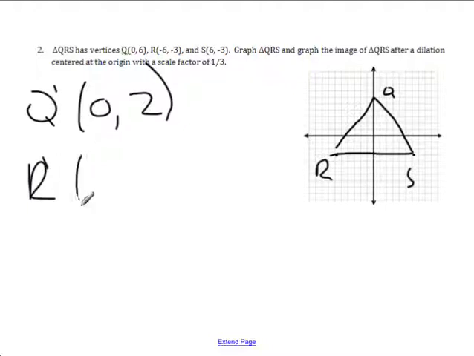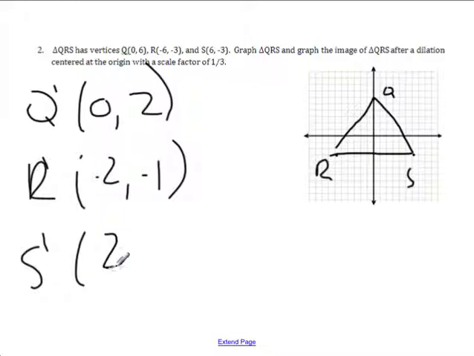Then R prime, -6 divided by 3 is going to be -2. And -3 divided by 3 is -1. And finally for S prime, 6 divided by 3 is 2, and -3 divided by 3 is -1.